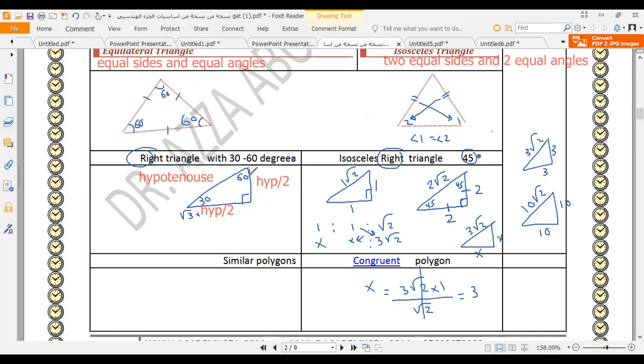Please write this part here. And when you finish, say yes and let us practice on this part. Come on everyone, quickly.